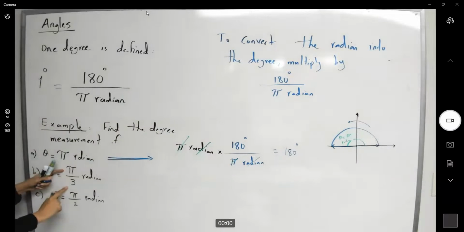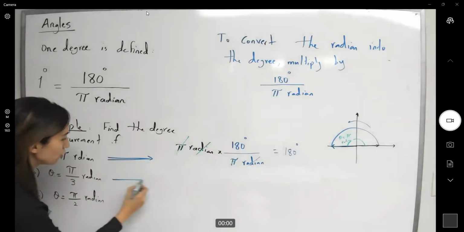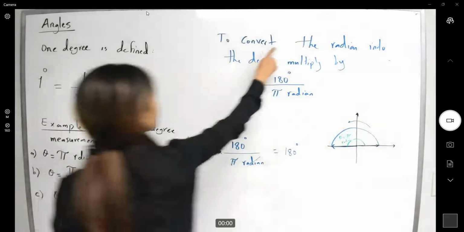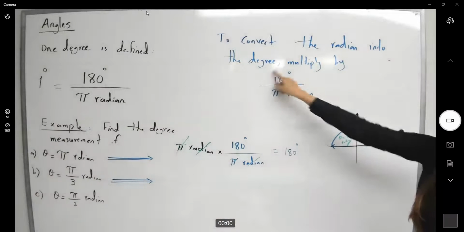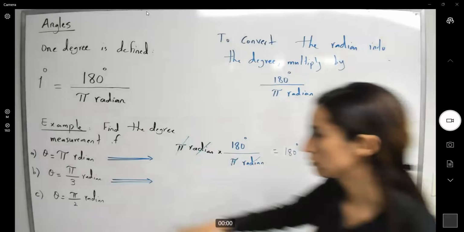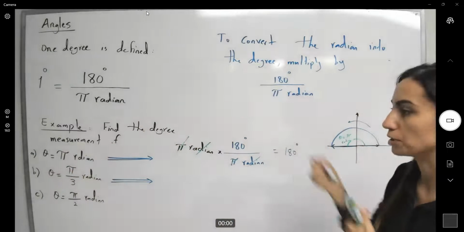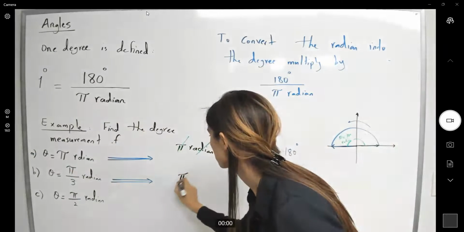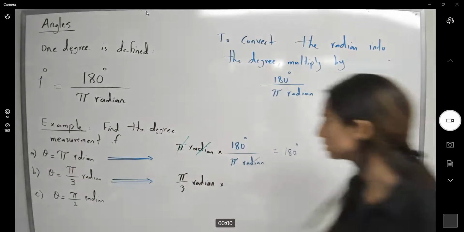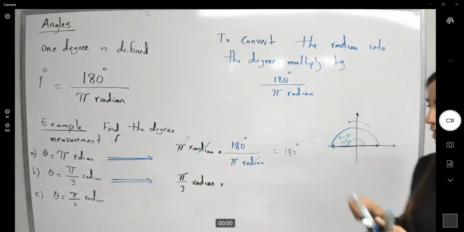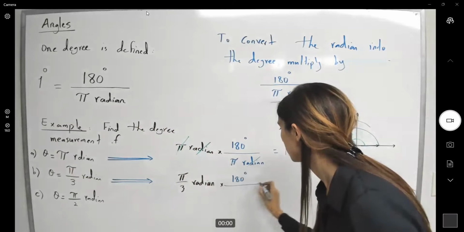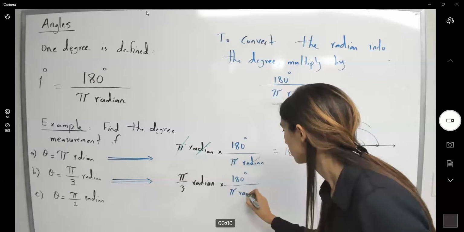Let's take a look at the second example. What is pi over 3 radian? To convert the radian into the degree, multiply by 180 degrees over pi radian. So whatever my angle is, I'm going to copy this down. Pi over 3 radian times the exact same fraction, 180 degrees divided by pi radian.